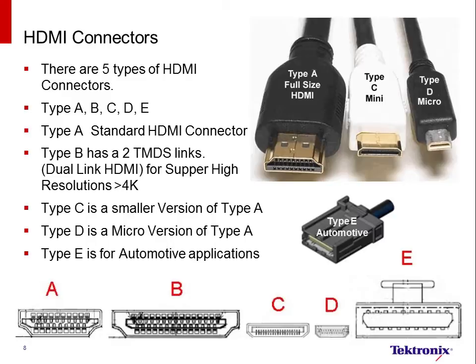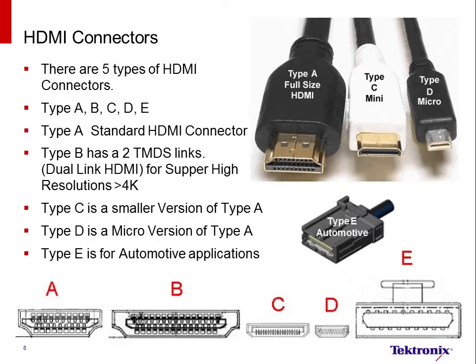Type A is the standard HDMI connector found on the back of most monitors and TV sets. Type B is rarely seen. It is a 2 TMDS link or dual link HDMI cable for super high resolutions in excess of 4K.